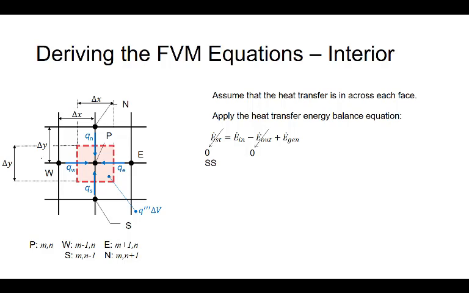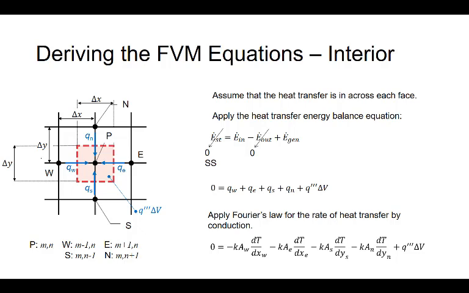And because we have assumed that all heat transfer is in, there is no energy flow out across the faces of the volume. This term also becomes 0. We now substitute for all of the energy flows in. It is the conduction heat transfer across each of the 4 faces, and also for the thermal energy generation. We now have the following equation from the energy balance.